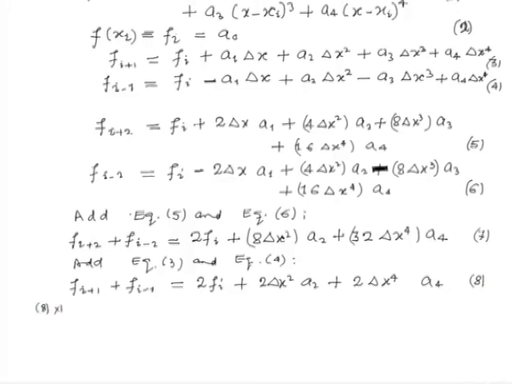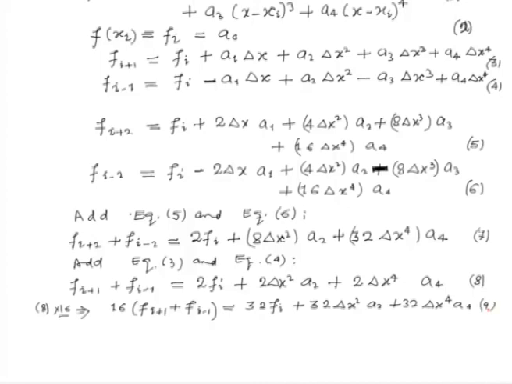So equation 8 times 16 will give us 16 times f of I plus 1 plus f of I minus 1 is equal to 32 fi plus 32 delta x square a2 plus 32 delta x to the power 4 a4.